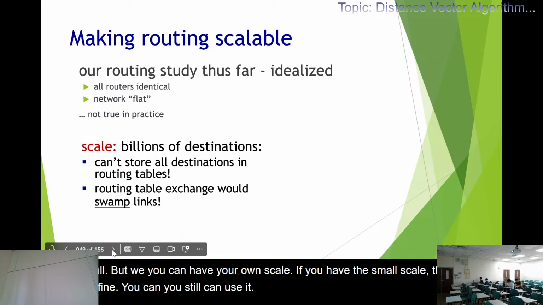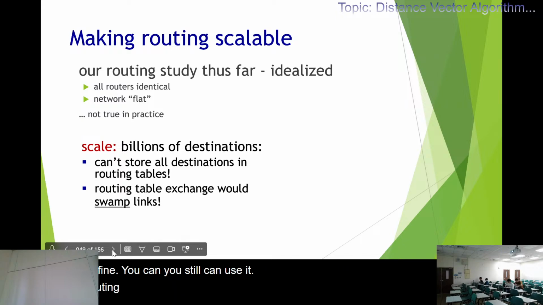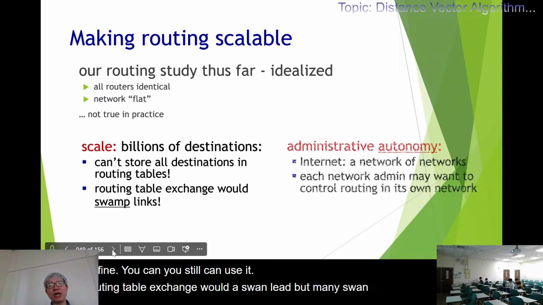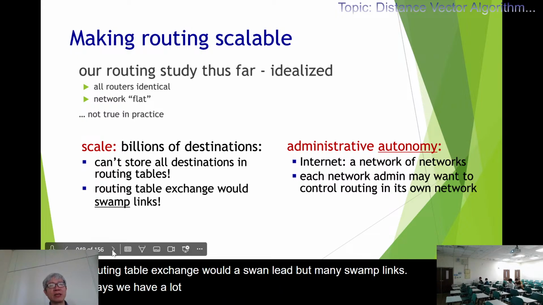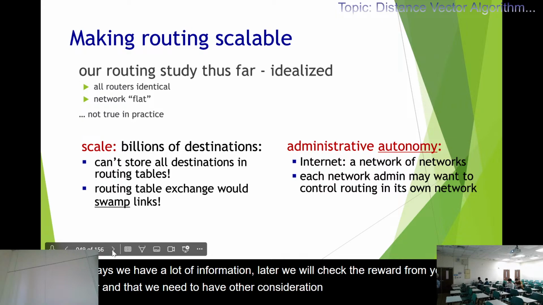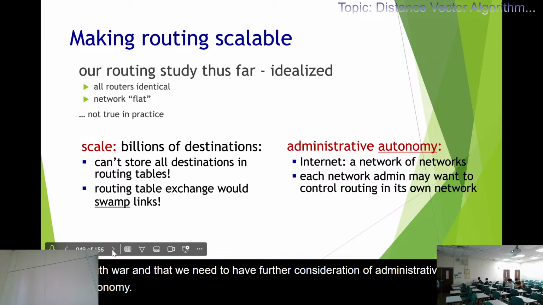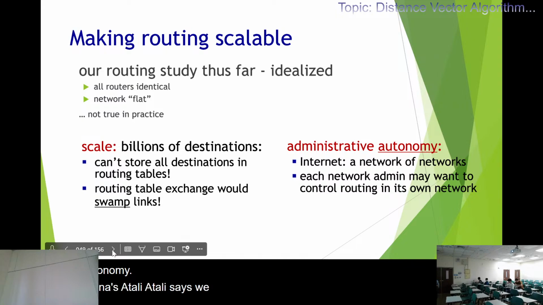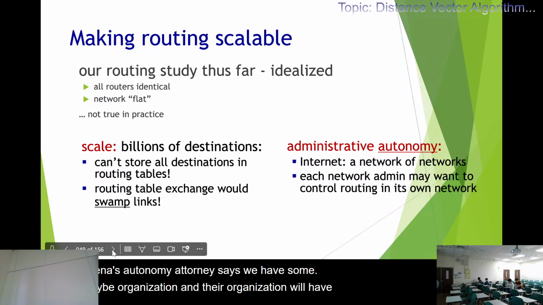Routing table exchange would swamp links. What does that mean, swamp links? It means we have a lot of information. Later we will check the keyword. And we need to consider administrative autonomy. Autonomy means some organization has proper control over some issues.